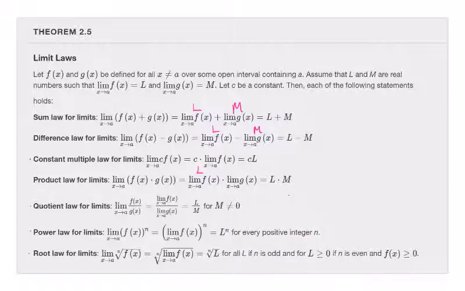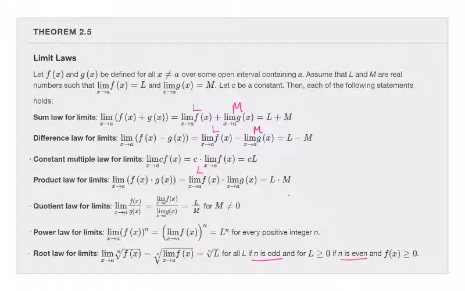And then the root law for limits is basically the same thing. If I take the limit of the nth root of f of x, then that's the same as if I take the limit of that function and then take the nth root. So it's the nth root of L, as long as n is odd.